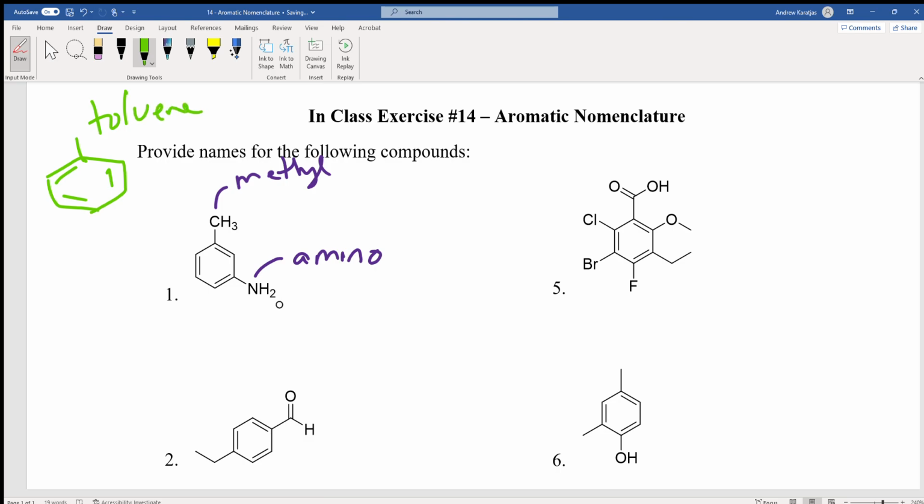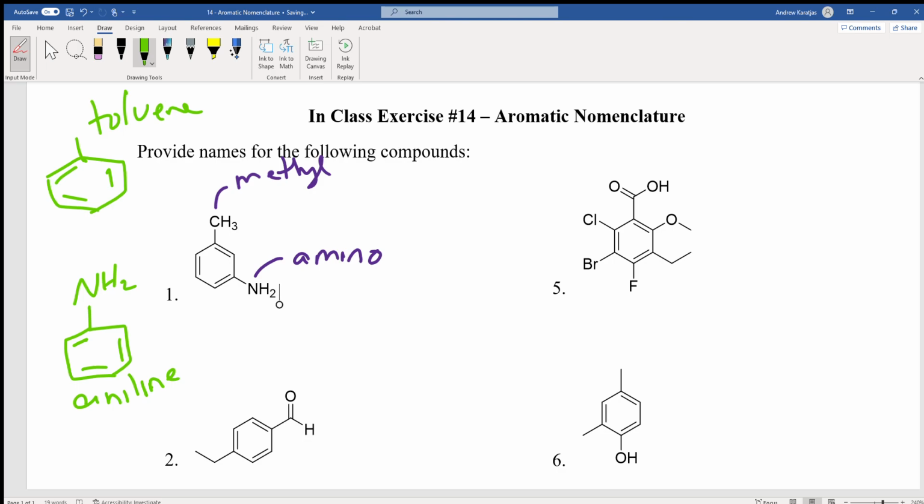Similarly, the NH2 group on an aromatic ring also has a common name that we've learned, that of aniline. So a number of different directions we can go with this name.